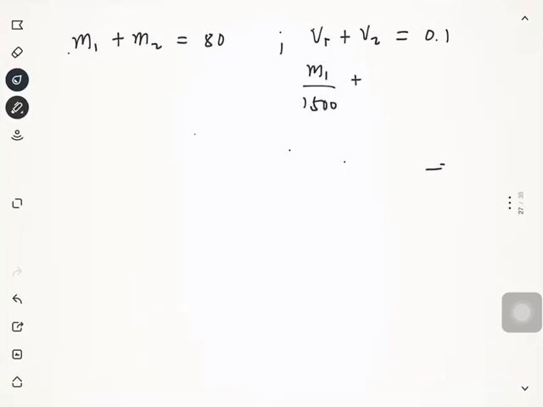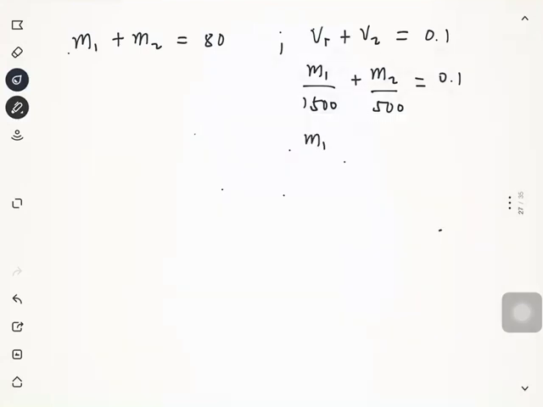So we have mass 1 over 1500 plus mass 2 over 500 equivalent to 0.1. I'm going to simplify this one.